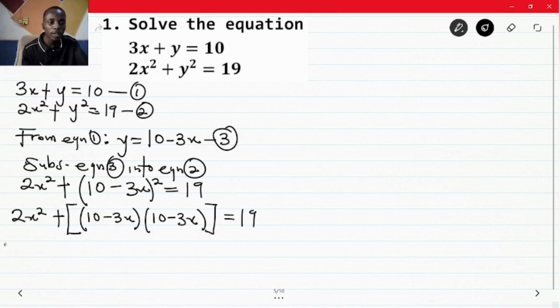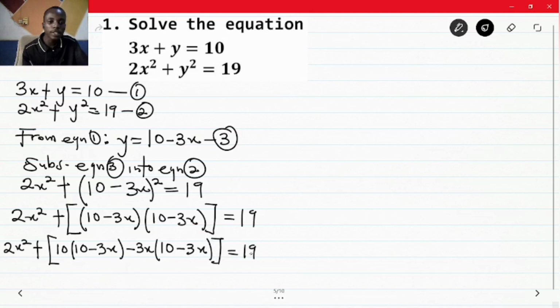We have 2x squared plus, I'll still use the big bracket, 10 minus 3x times 10 minus 3x equals 19.